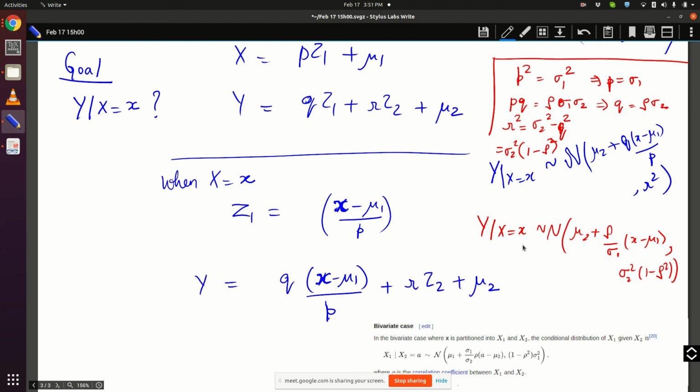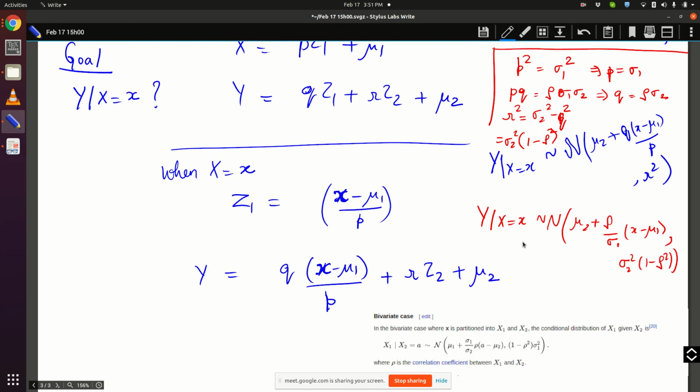Actually, sir, there is a rho sigma 2 by sigma 1. Yeah, it should be rho sigma 2 by sigma 1 in the mean part. Q by P, where Q is rho sigma 2 and P is sigma 1. Okay, so that is correct. There is a sigma 2 that I had conveniently ignored, and the other one seems to be there.